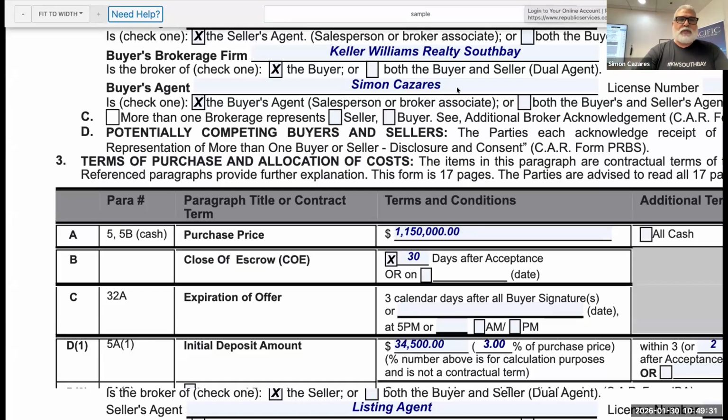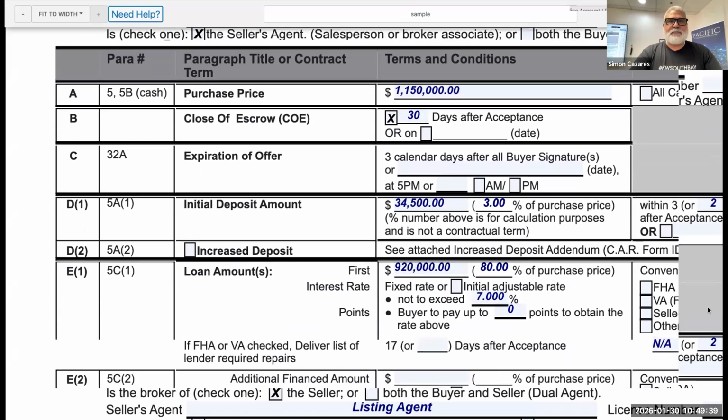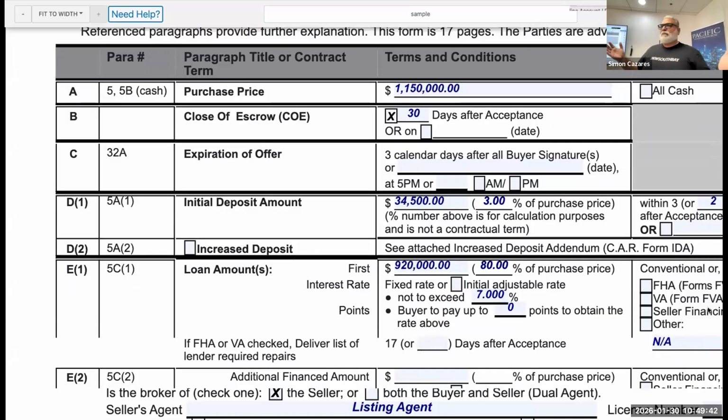Okay. So it has letters on the left, paragraph titles, terms and conditions, and additional terms. The first and most important is what the buyer is willing to submit as an offer, right? I used 1,150,000 as a sample. It's all based on what the property is going for.